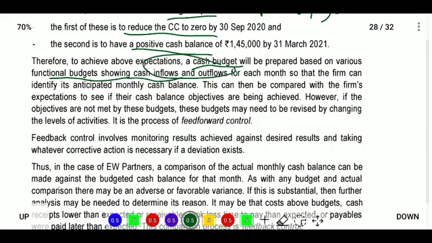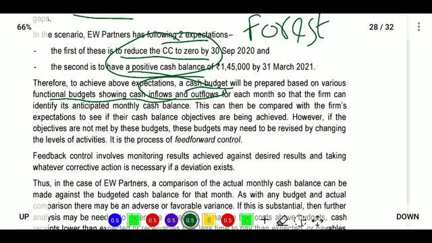So both of these are dependent on cash. So we will prepare the cash inflows and cash outflows for each month, so that the firm can identify the anticipated monthly balance. So we will know what balance is existing. Then we will see whether at the 31st it is 1,45,000 or not, and how much liability is there.